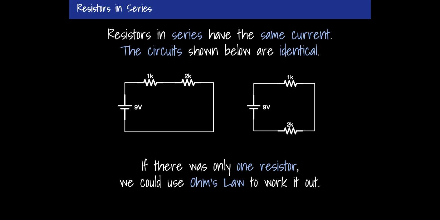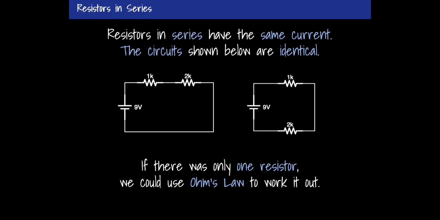It comes out of the 9-volt and goes into the 1K, out of the 1K, into the 2K, out of the 2K, and back to the 9-volt battery, because that's the distinction. Resistors connected in series have the same current. That's how they're alike. Not the way the circuit appears when you write it on paper, but the fact that the series combination has the same current throughout. These two circuits are identical.